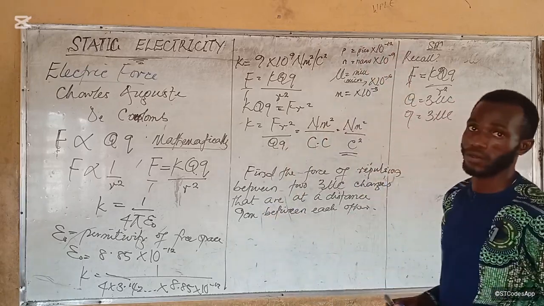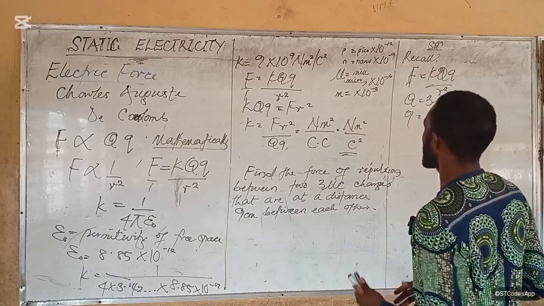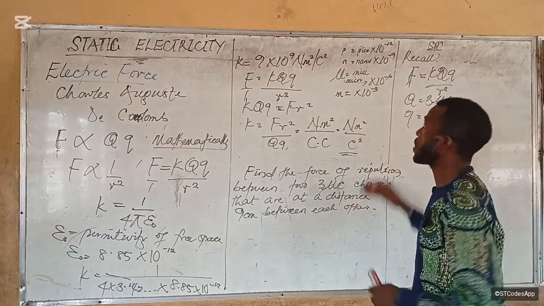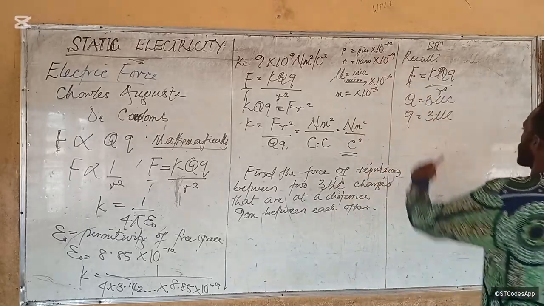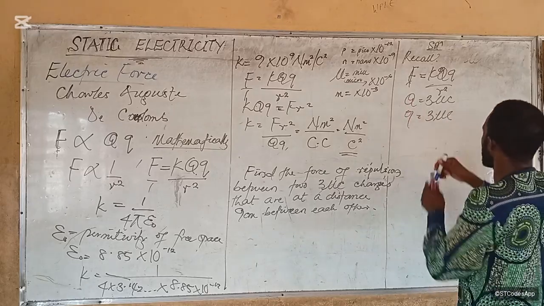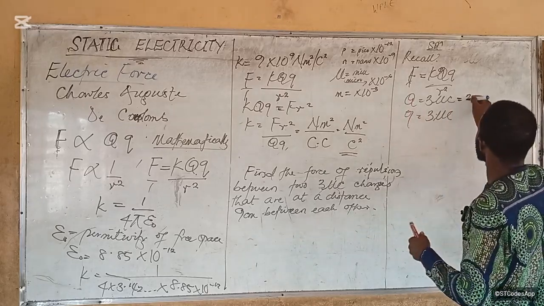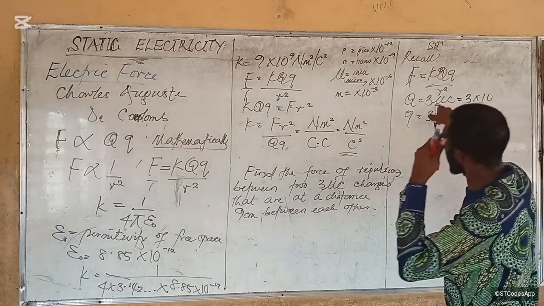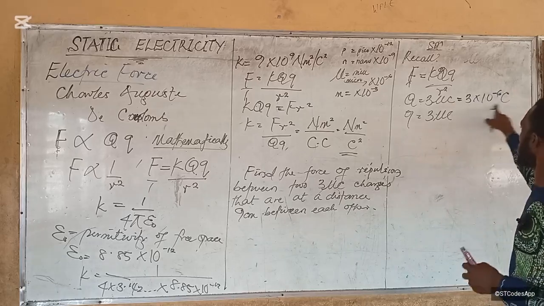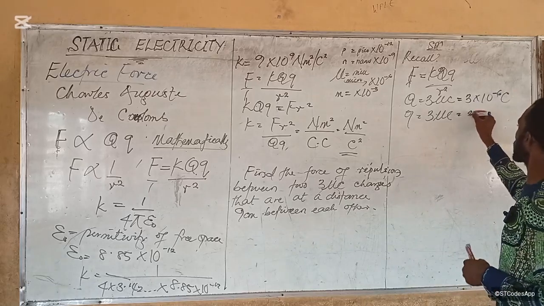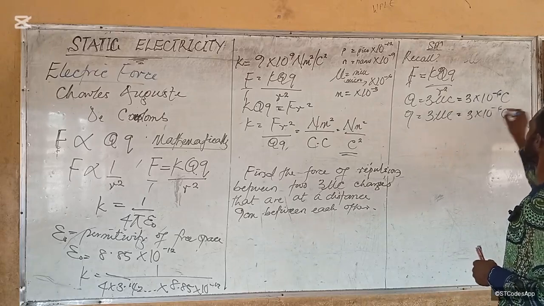For the purpose of your JAMB, you will not see anything beyond this. Is that okay? So this charge means 3 times 10 raised to the power minus 6 coulomb. This is micro. So this one will also be equal to 3 times 10 raised to the power minus 6 coulomb.